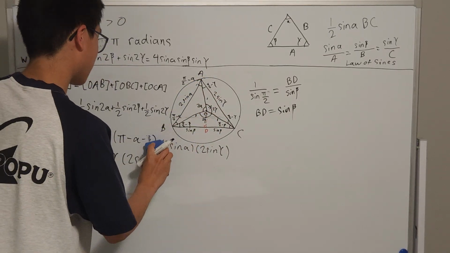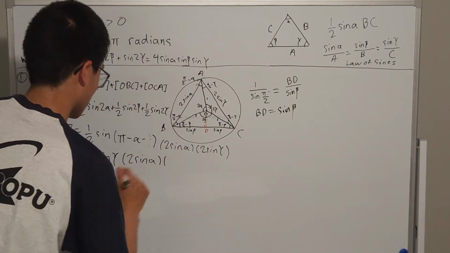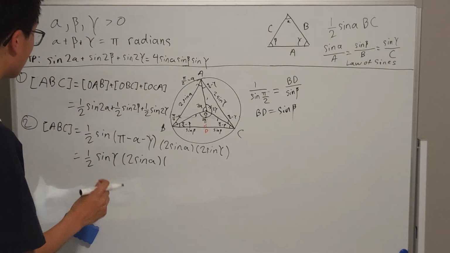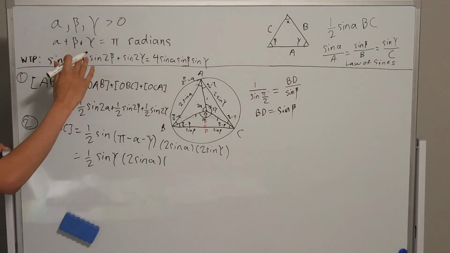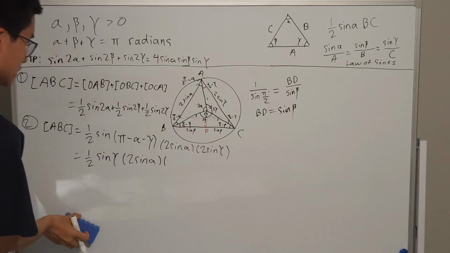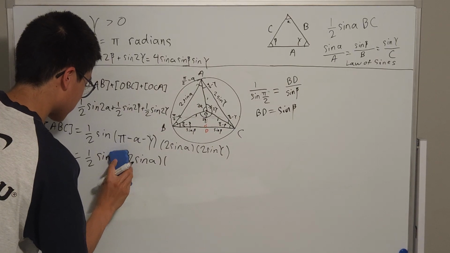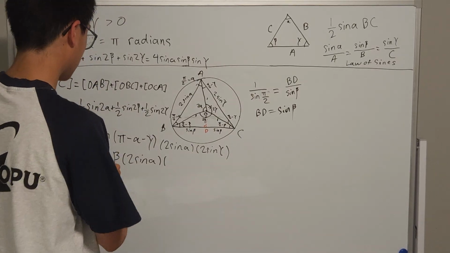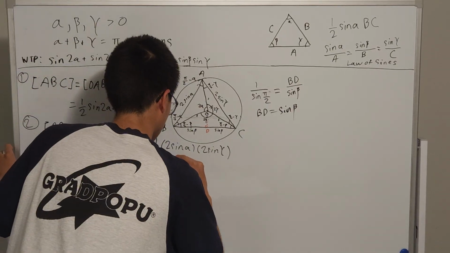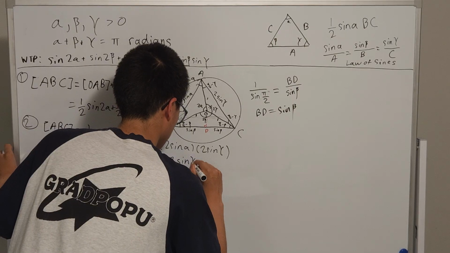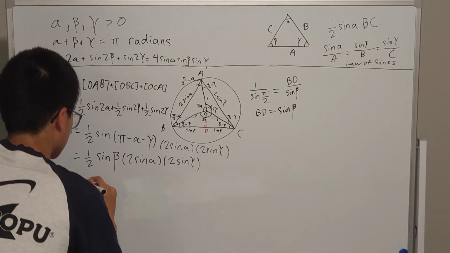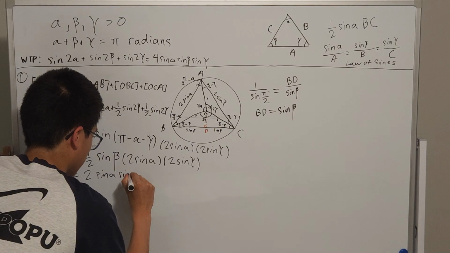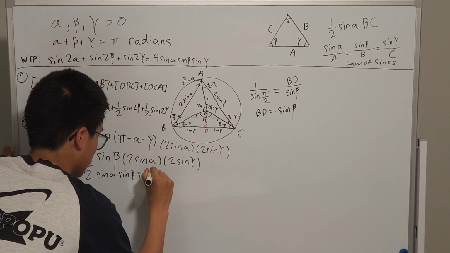Sorry, this is supposed to be pi minus alpha minus gamma. So by moving alpha and gamma over, you get beta equals pi minus alpha minus gamma. Okay, so you have half sine beta times 2 sine alpha times 2 sine gamma. And this equals 2 sine alpha times sine beta times sine gamma.